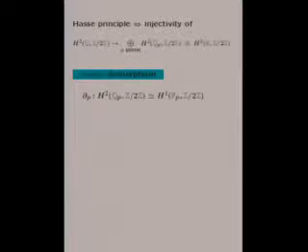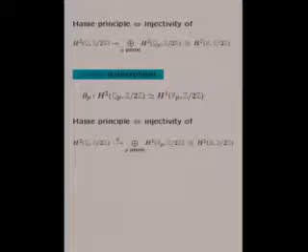With this extra input, the original Hasse principle is now equivalent to the injectivity of this map here, going from the second cohomology of Q into the direct sum over all rational primes p of the first Galois cohomology of the finite field, and also the second Galois cohomology of the real numbers. This is the main part.